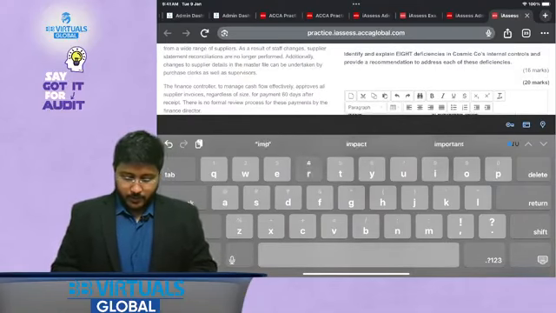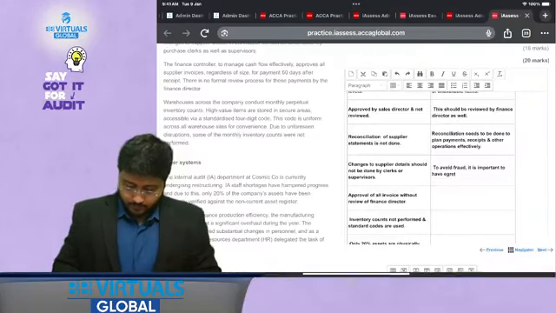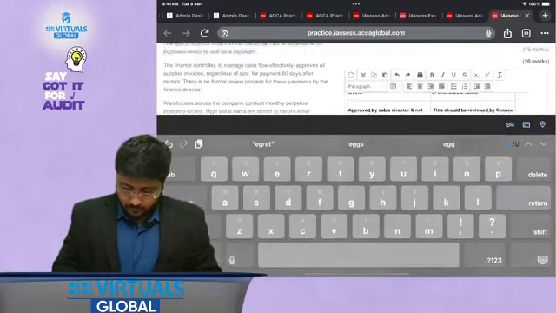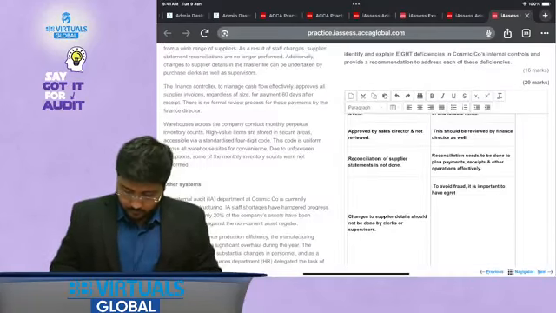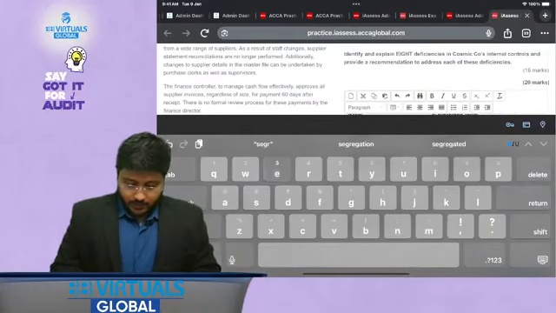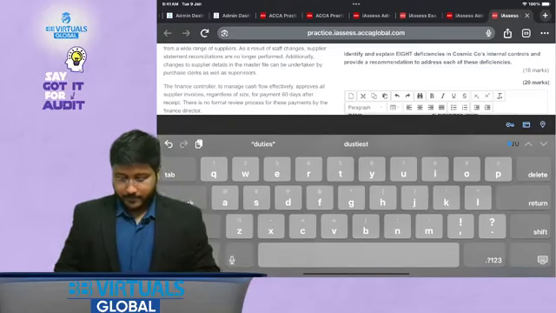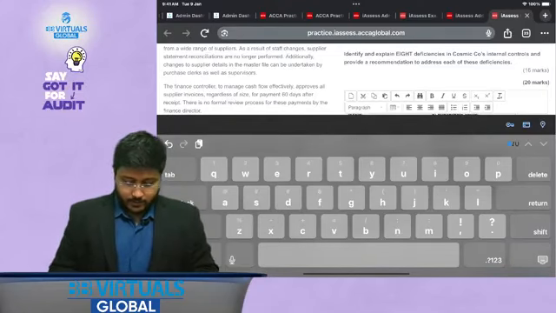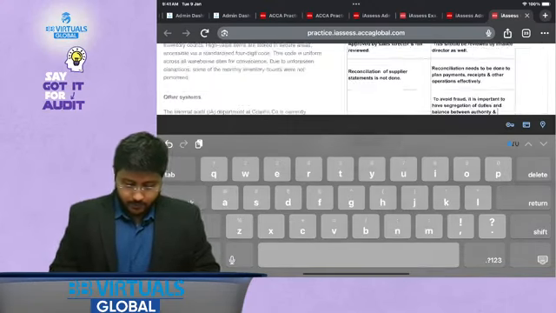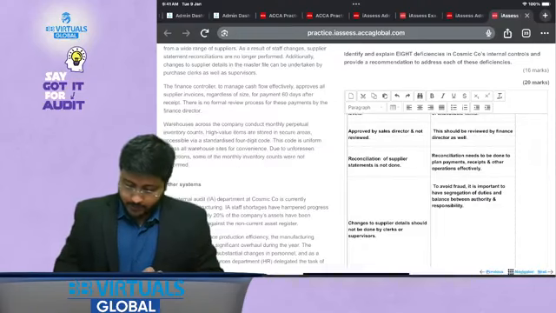It is important to have segregation of duties and balance between authority and responsibility. Okay, I hope this is clear.